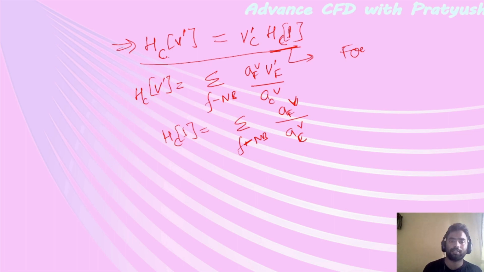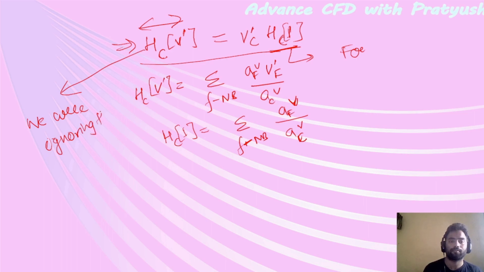Now earlier, this is the contribution of the neighboring cells. So this SC dash term we were ignoring in the simple scheme while correcting the velocity corrector step.